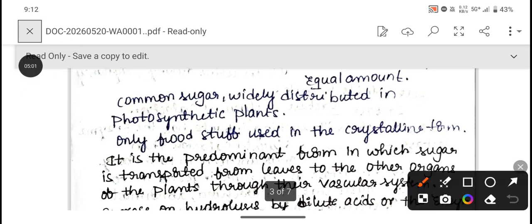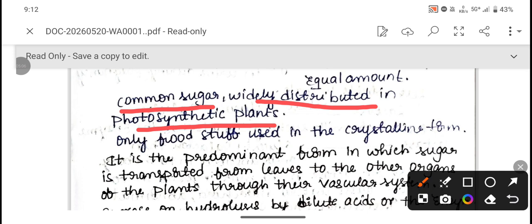It is a common sugar, widely distributed in photosynthetic plants, and this is the only foodstuff used in crystalline form.